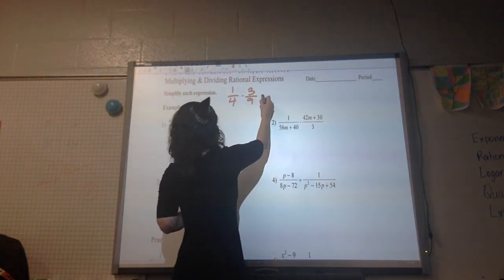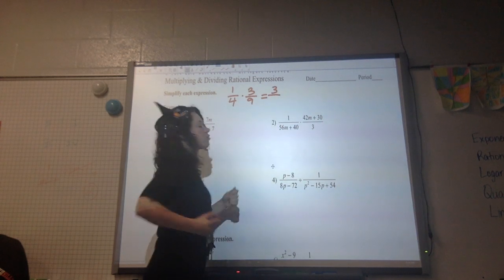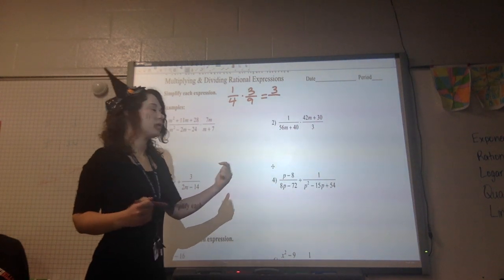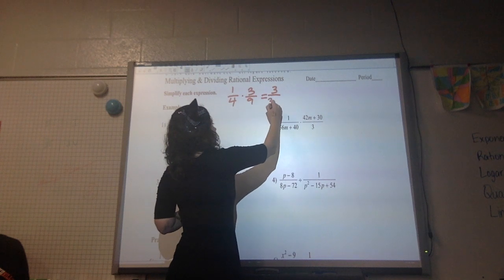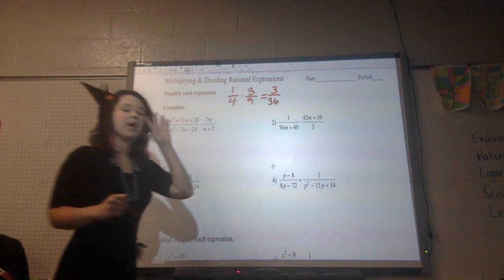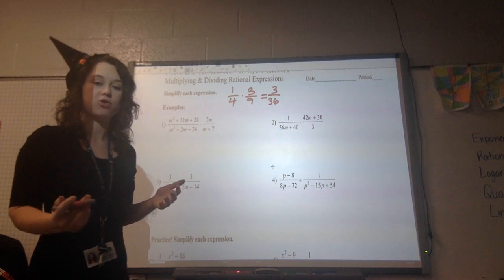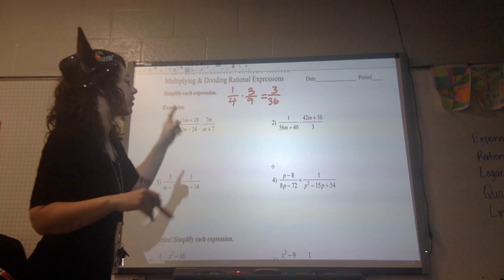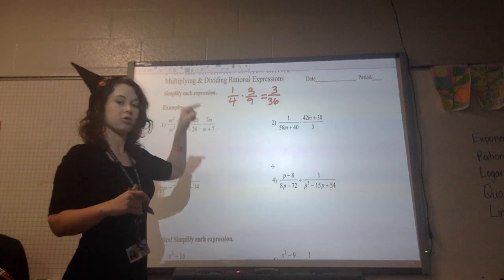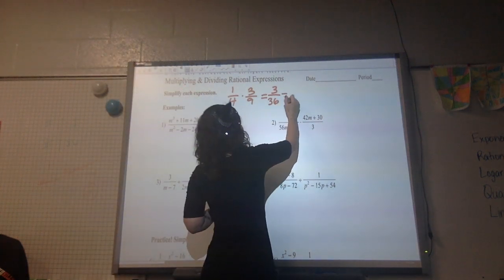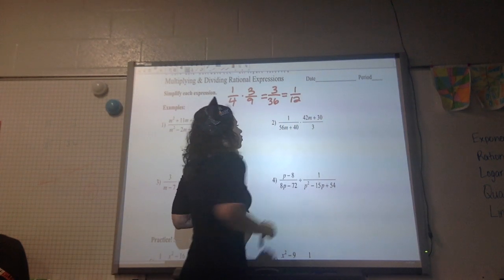So on top, I get 1 times 3 is 3. On the bottom, I get that 4 times 9 is 36. And I'm almost done at that point. The only thing I have to check is if I can reduce 3 over 36. And I can. 3 will go into both of those numbers, so this fraction reduces to 1/12.